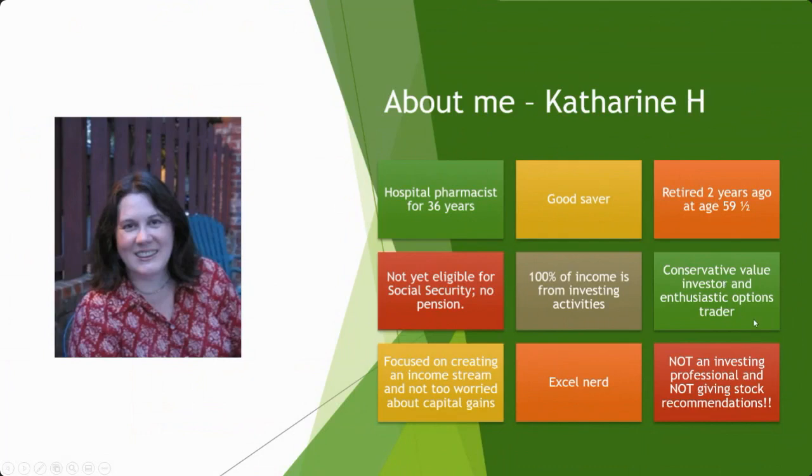I made a lot of mistakes. I eventually settled on being a value investor and an options trader. I'm more focused on creating an income stream than I'm worried about whether the price of the stock goes up or down. It's great when it goes up, but mostly I want an income.